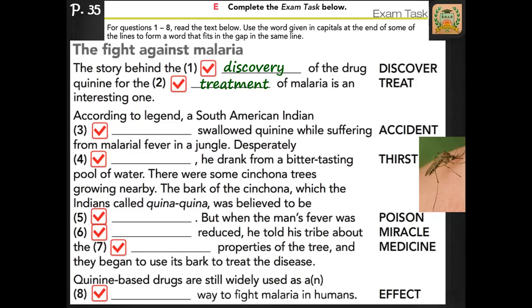According to legend, a South American Indian accidentally swallowed quinine while suffering from malaria fever in a jungle. Desperately thirsty, he drank from a bitter-tasting pool of water.